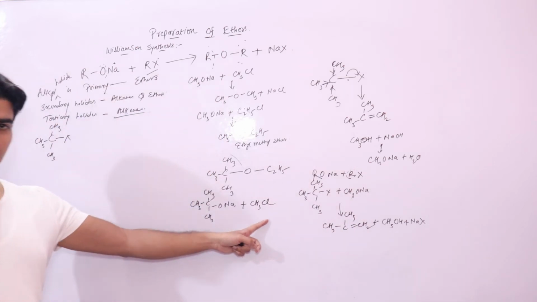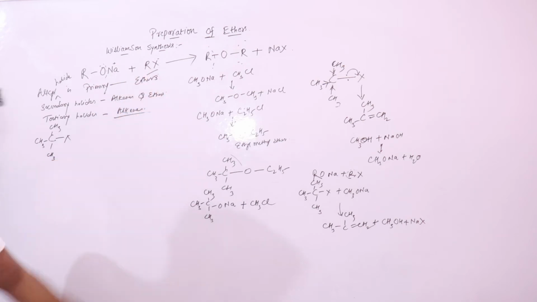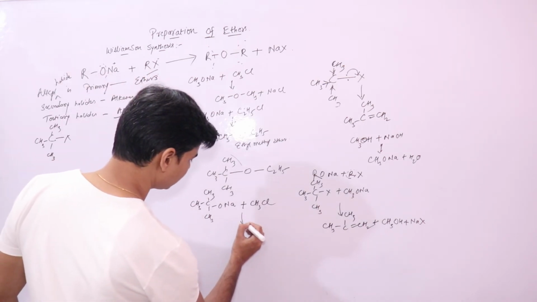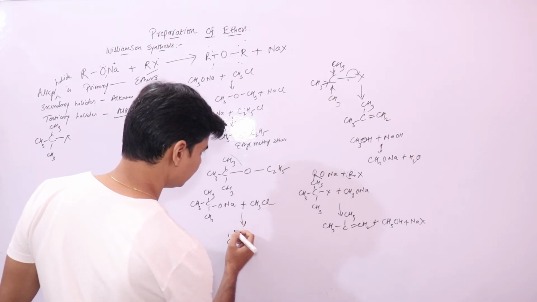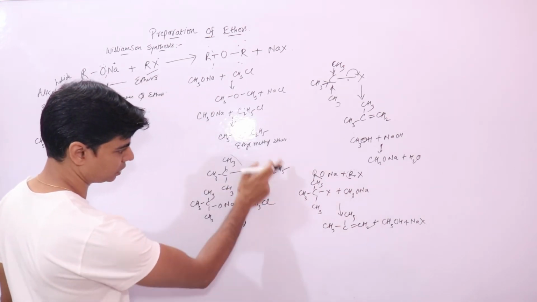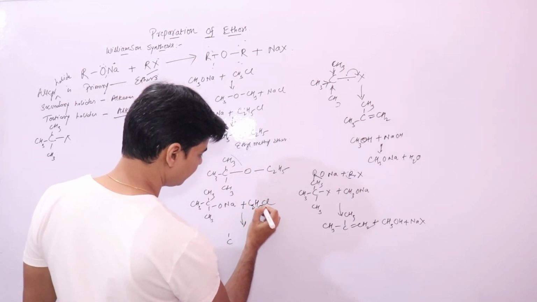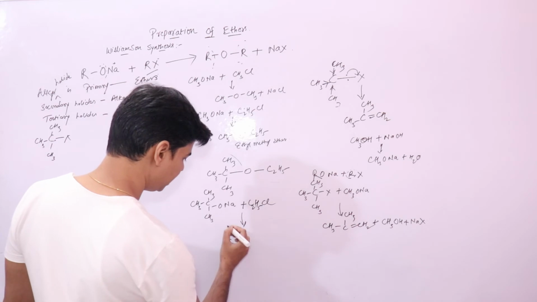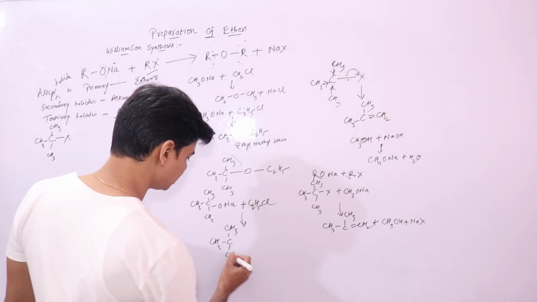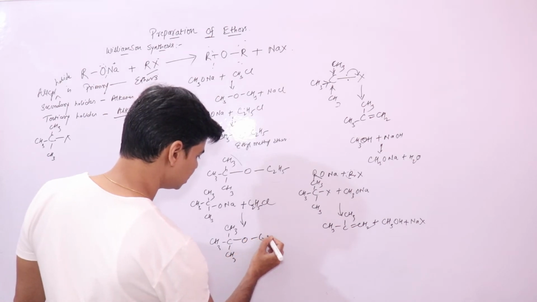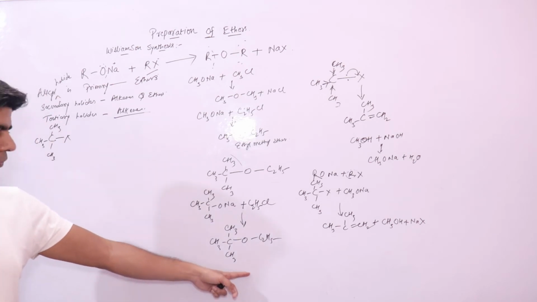This is your primary halide, and we said that with primary halide we will always get ethers, right? So here the product would be this, or since I said that we want this compound, then instead of CH3 you can take C2H5, right? This is also a primary halide, CH3, CH3, CH3O, C2H5. This is how we will obtain it, right?